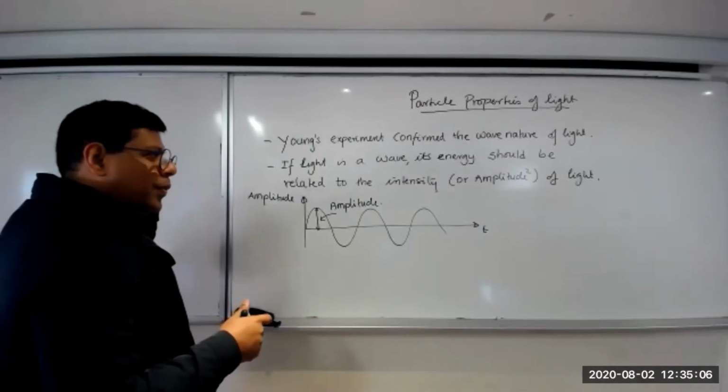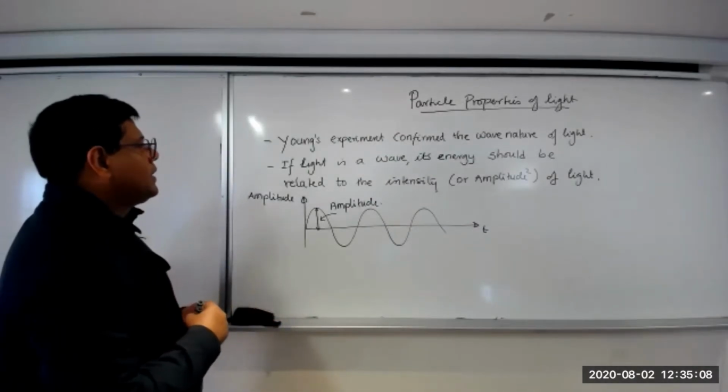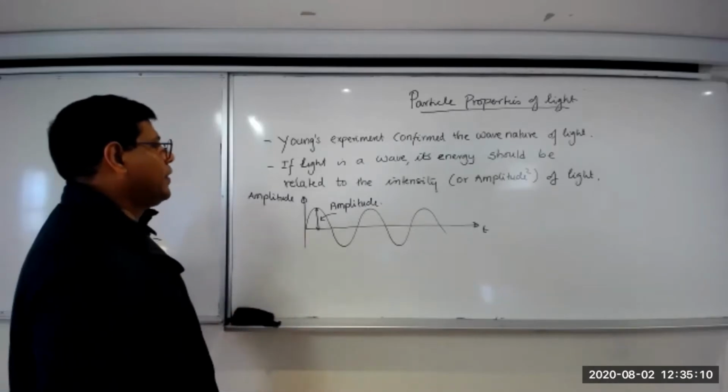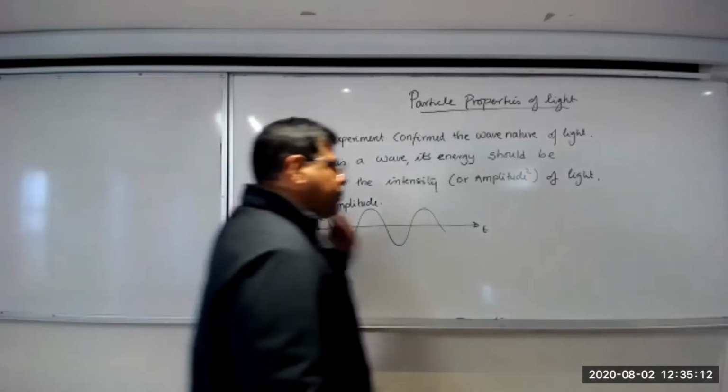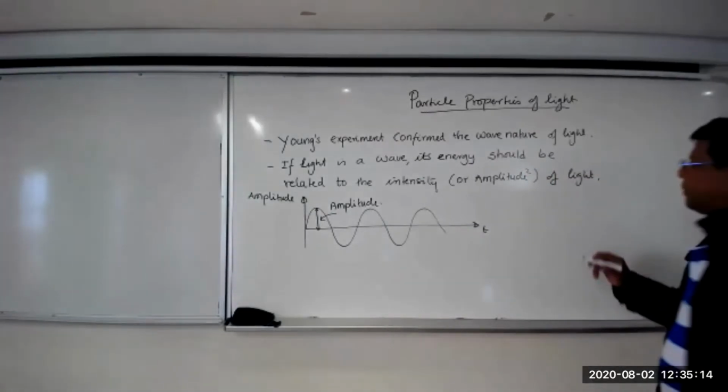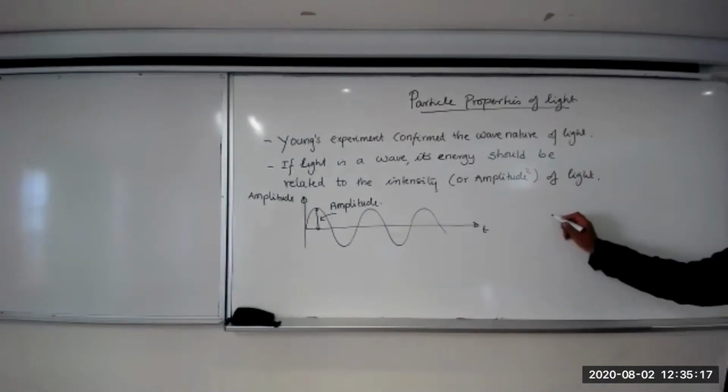With that in mind, people were convinced that light is a wave. Max Planck was doing some experiments on the side, and he started to observe some funny things.